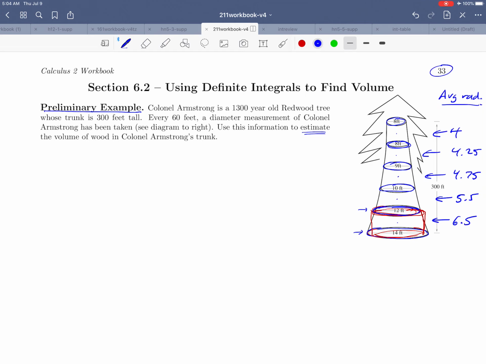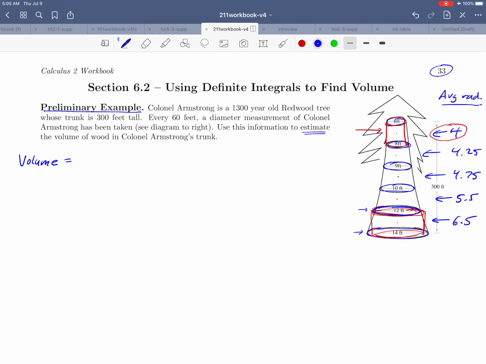Now, to find an estimate of the volume, we're just going to think about the approximate volume of each slice. We could either work our way top to bottom or bottom to top. How about if we go top to bottom? Starting with the first slice here, we just calculated an average radius of 4.